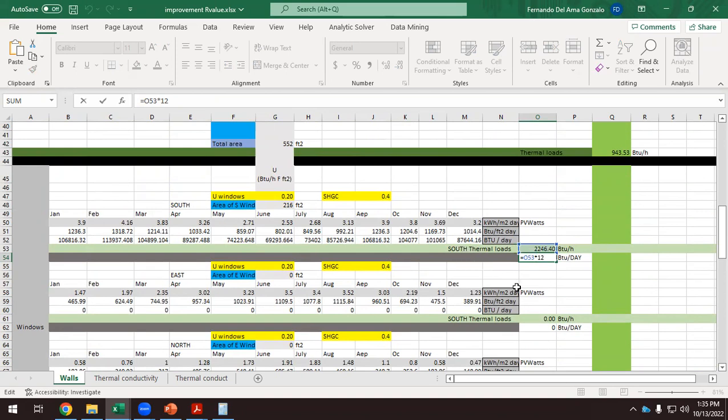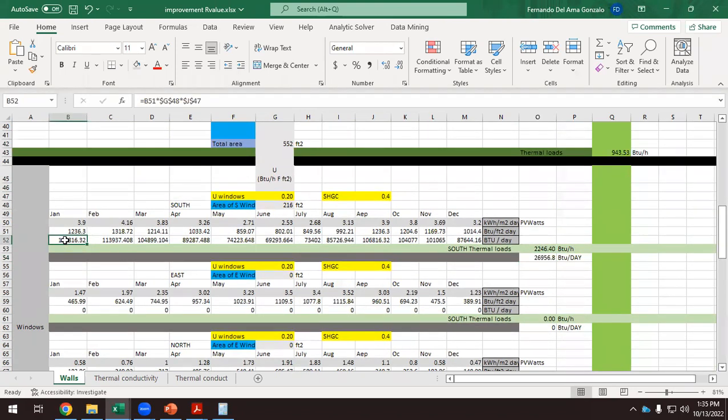It's not the total southern thermal loads. We are dealing with one day in January, so we're working with this, which is BTU per day. So this is this number.